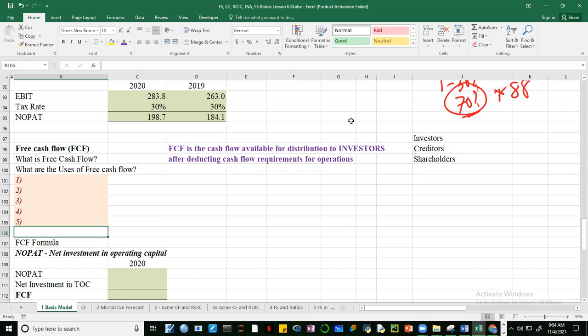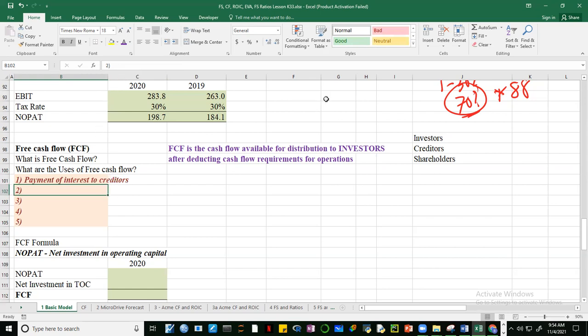Yes, Mikhail? Paying interest to debt holders, sir. Yes, okay. Paying interest to creditors. You're correct. Thank you, Mikhail. So it's used for payment of interest to creditors.